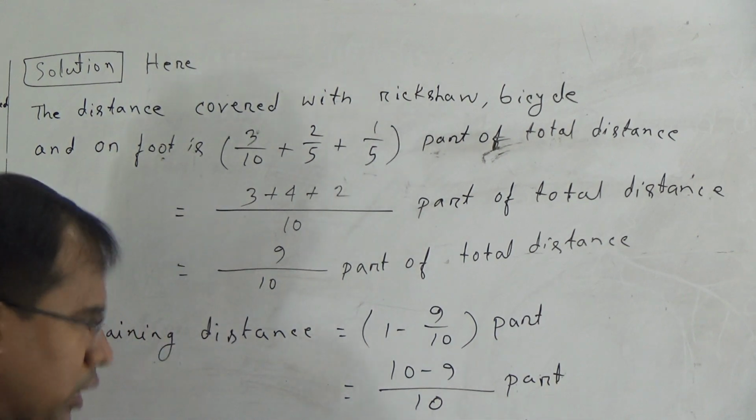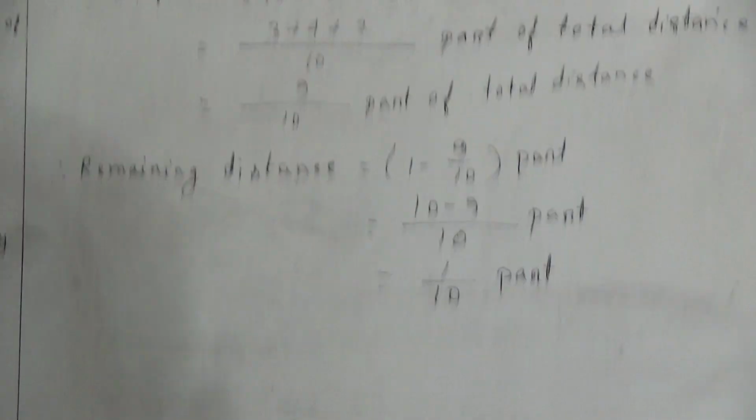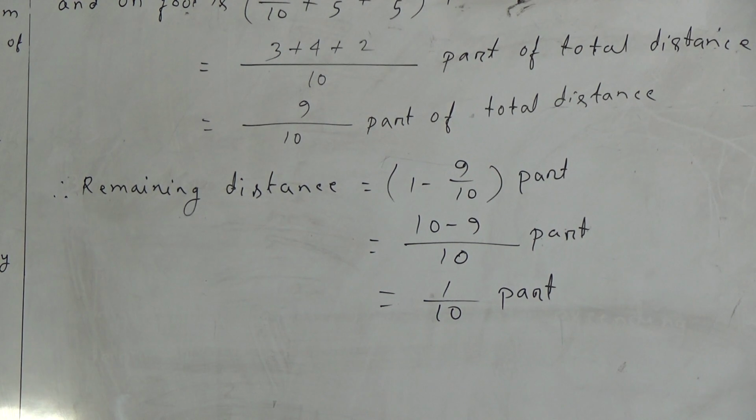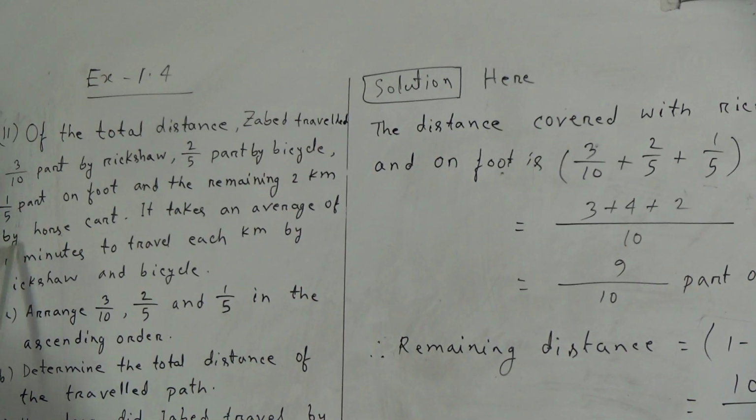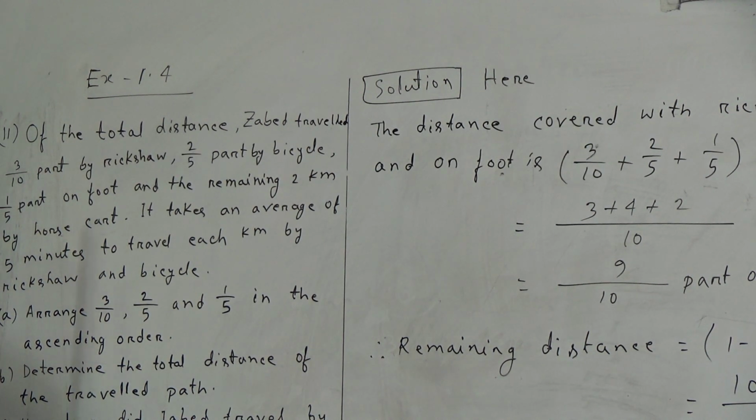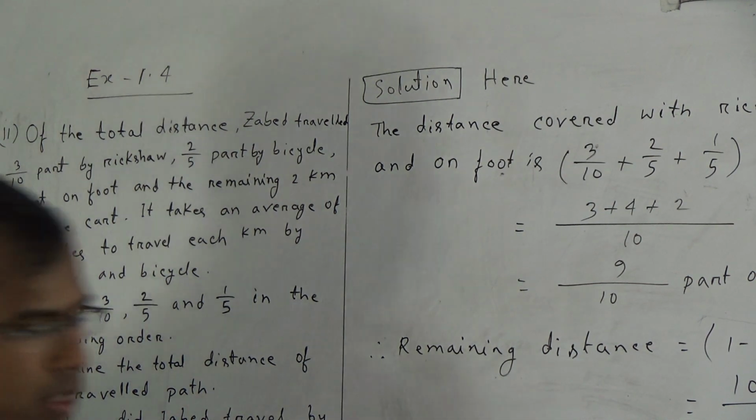In the question it is mentioned that the remaining 2 kilometer by horse cart. That means remaining distance is 2 kilometers. So that we can write 1 by 10 part of total distance is equal to 2 kilometer.